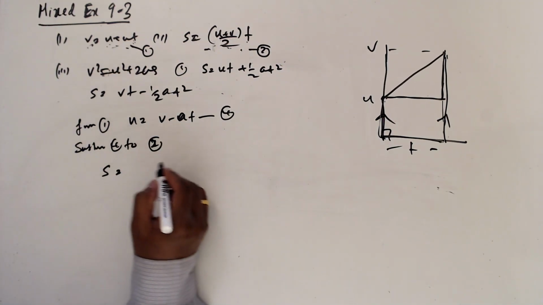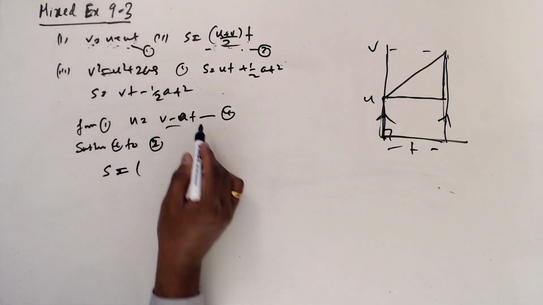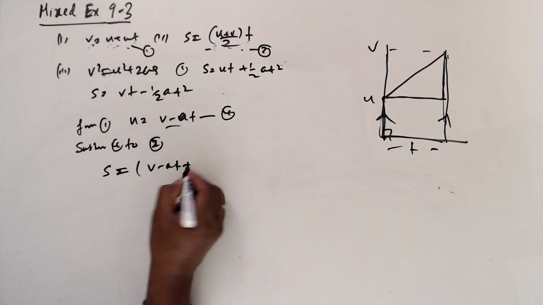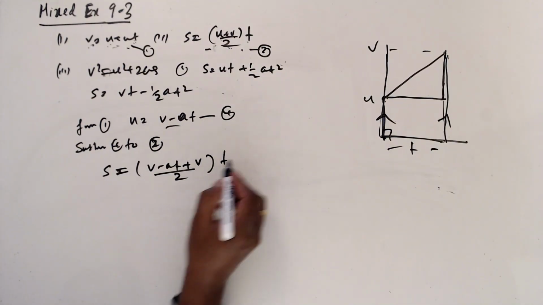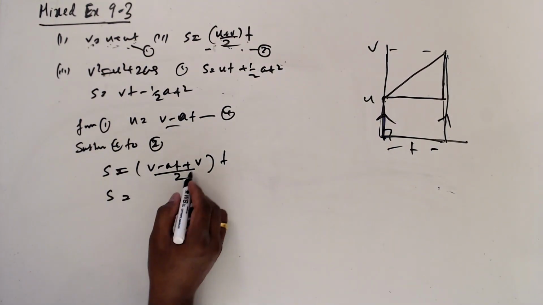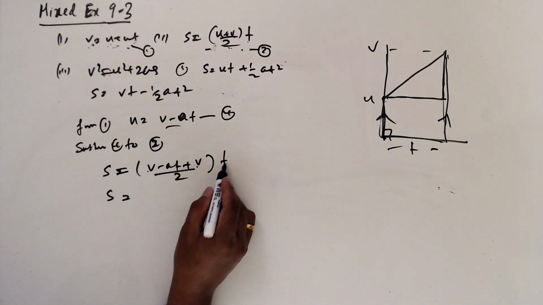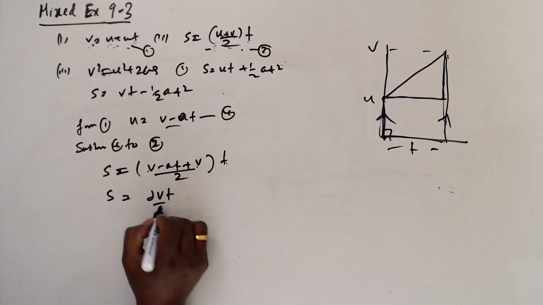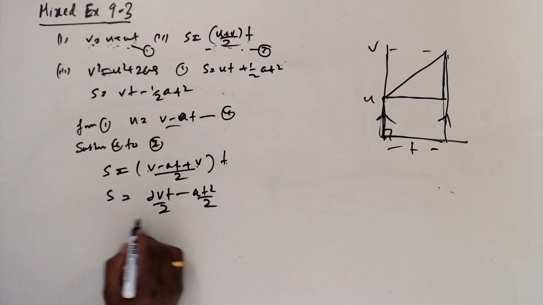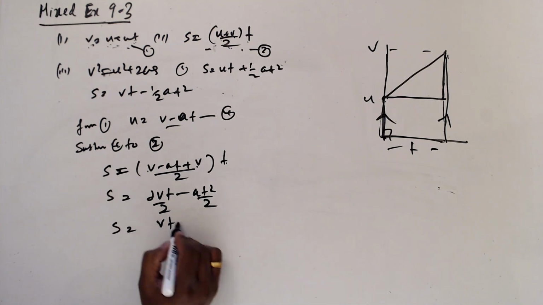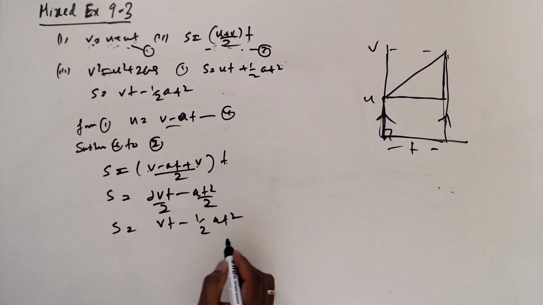So S equals U, meaning V minus AT, plus V over 2 times T. So S equals V plus V, 2V times T, 2VT over 2, minus AT squared over 2. So S equals VT minus half AT squared.